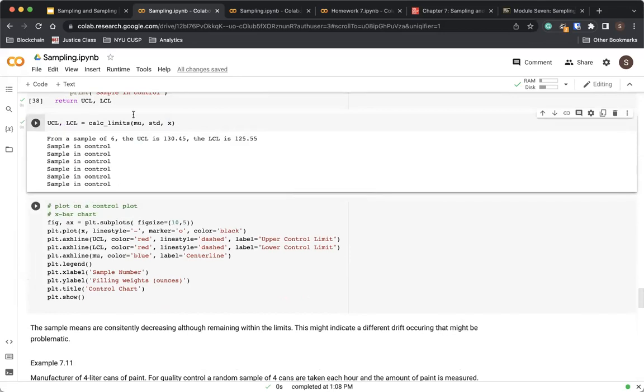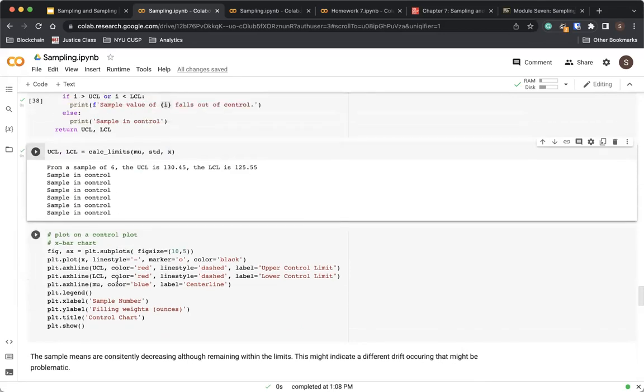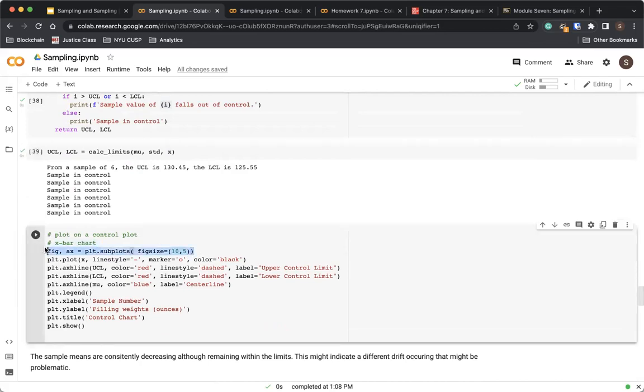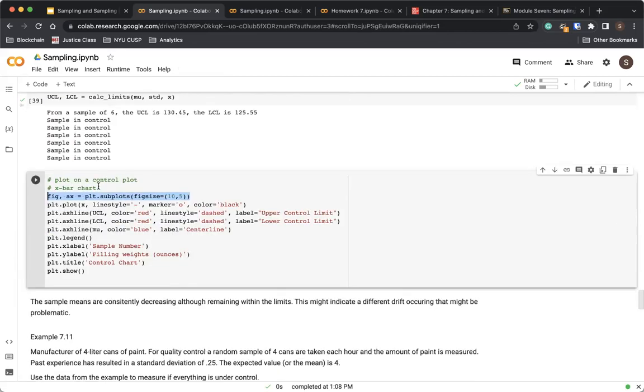So now we have these values, and we can plot them on a control chart. This one I didn't have in the other plots, but this is our canvas size, where I'm saying on this axis, create a plot, plot just those values of X, and plot the upper control limit and the lower control limit.